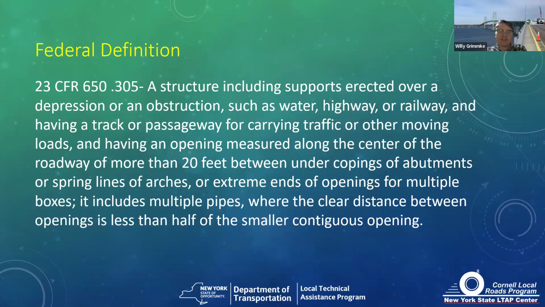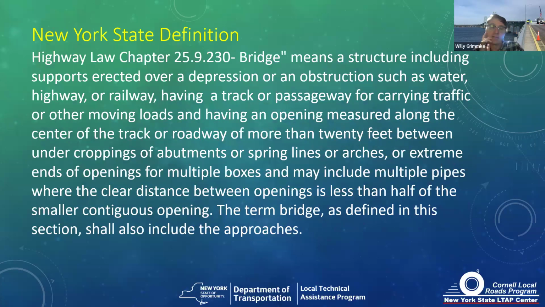The federal definition is basically anything carrying traffic that has a span of more than 20 feet. Under the federal definition, those bridges need to get inspected every couple of years and have an independent bridge identification number. That's what the feds say. Now, the state of New York and the highway law says basically the same thing, more than 20 feet.